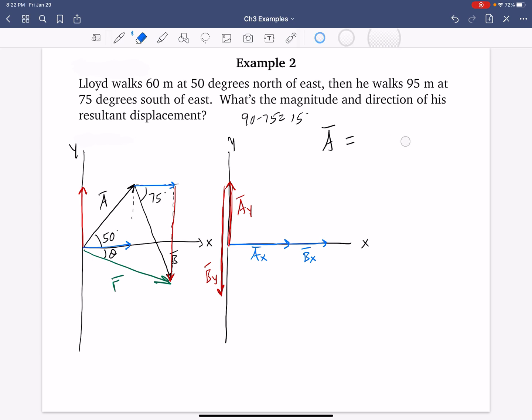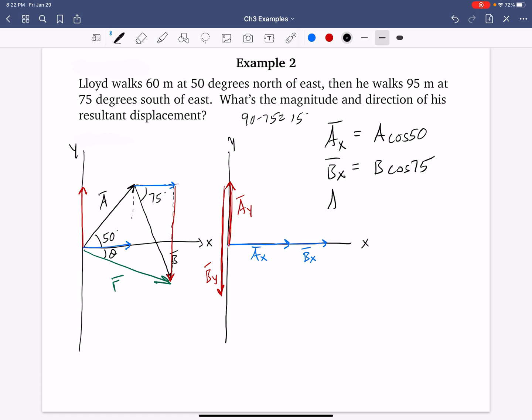AX, the x component of A, is the magnitude of A times cosine of the angle, so cosine of 50. The magnitude of A was 60; we'll put that in later. For right now, I'll leave it as A. BX is the magnitude of B times cosine of that angle, and that is cosine of 75.